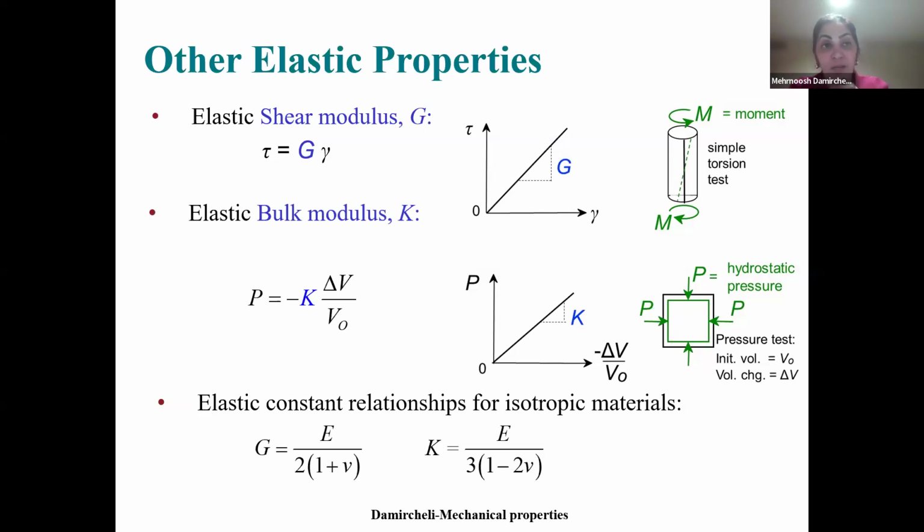And we call that K the bulk modulus. The relationships between E, G, and nu, and E, nu, and K hold only for isotropic materials, meaning materials with homogeneous properties in all directions. Use these equations.